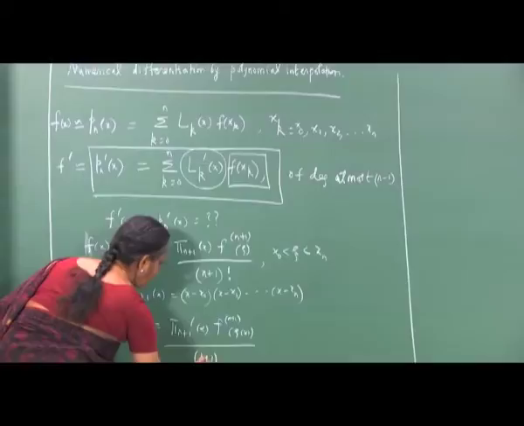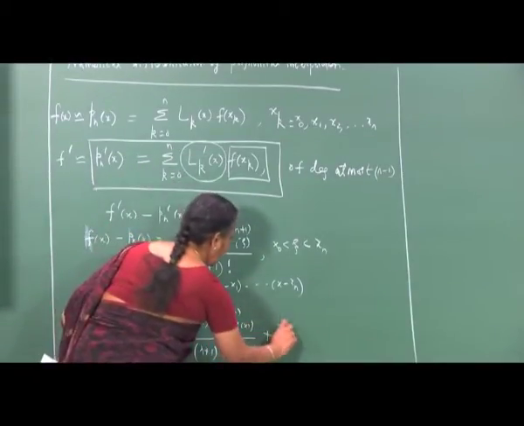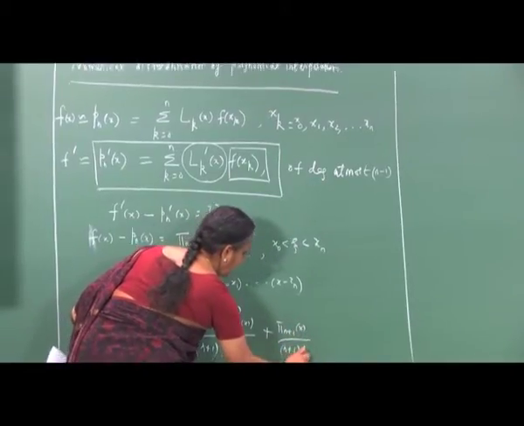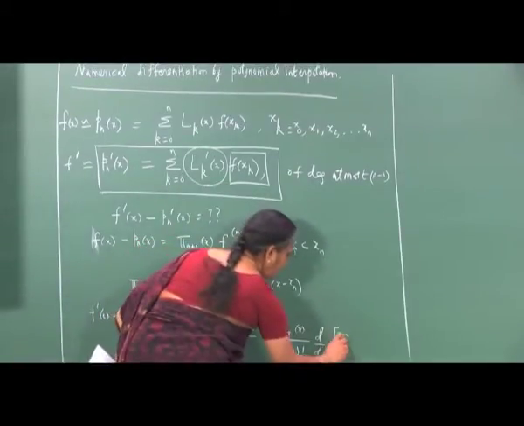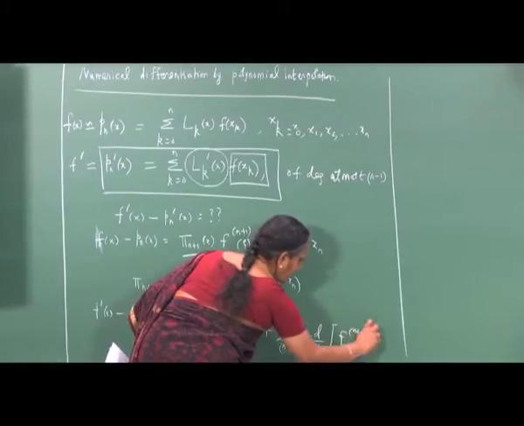Then plus I have pi n plus 1 of x by n plus 1 factorial into d by dx of the n plus 1th derivative of f as a function of psi of x.